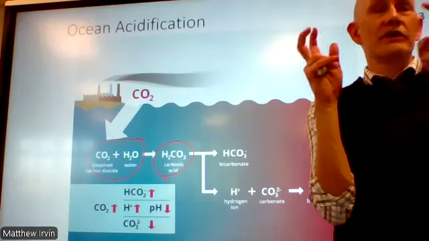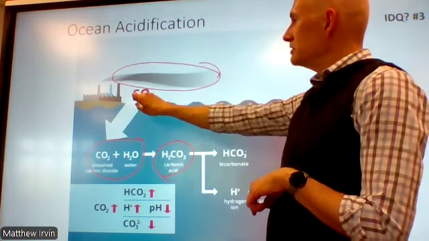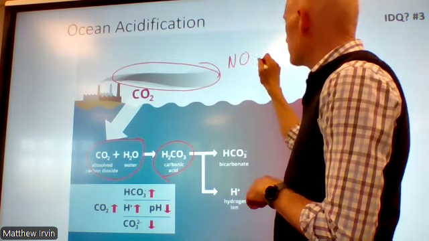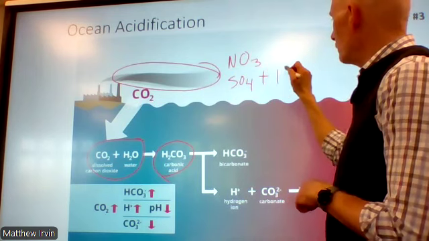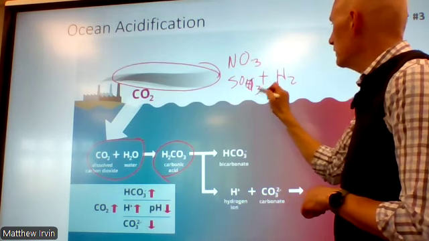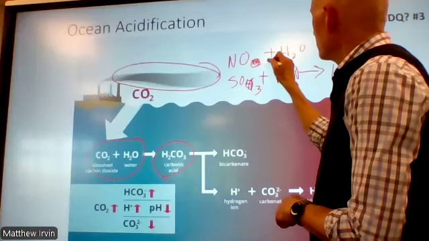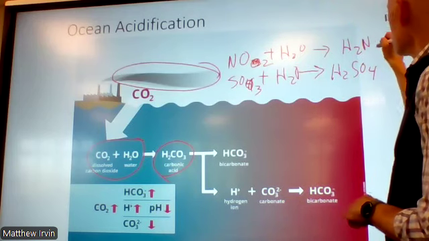When we talk about acid rain as an environmental problem, that is where excess fossil fuels, in addition to CO2, give you nitrogen compounds and sulfur compounds, which with water, actually this is SO3, with water gives you H2SO4, which is sulfuric acid, and then with water, that should probably be a 2, and that gives you nitric acid.